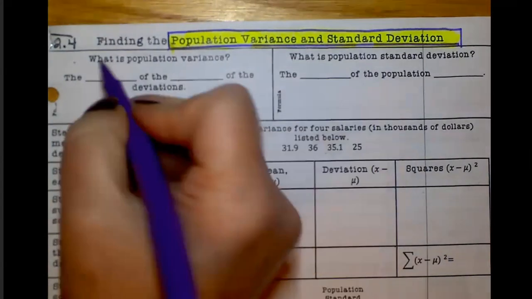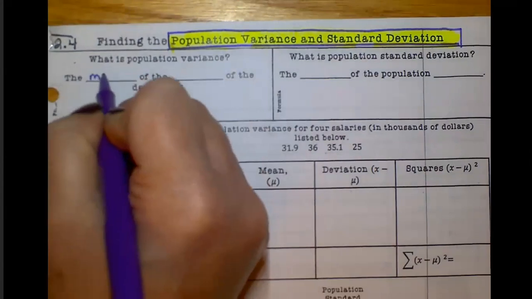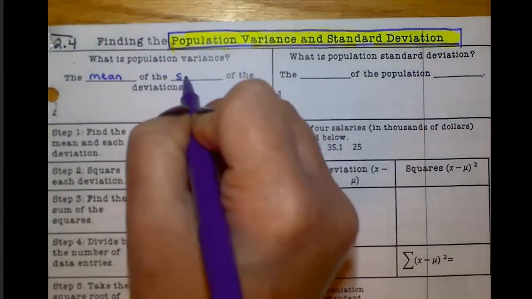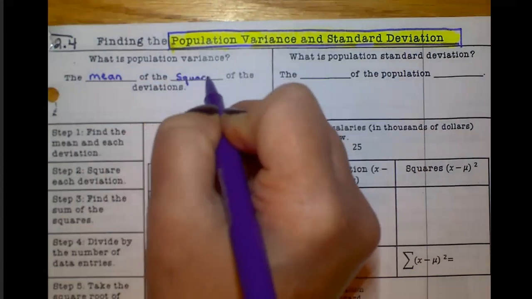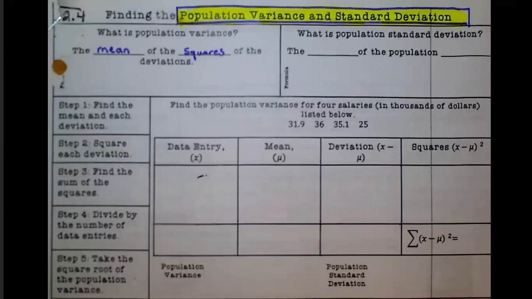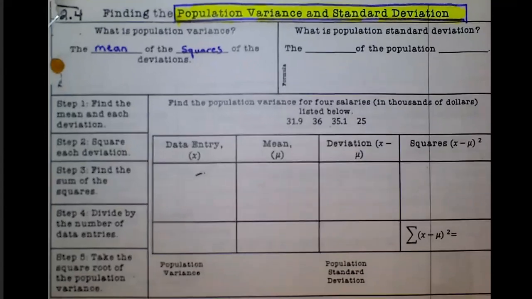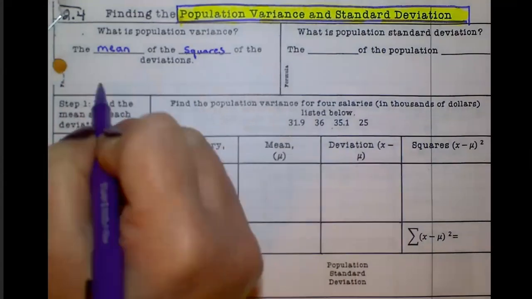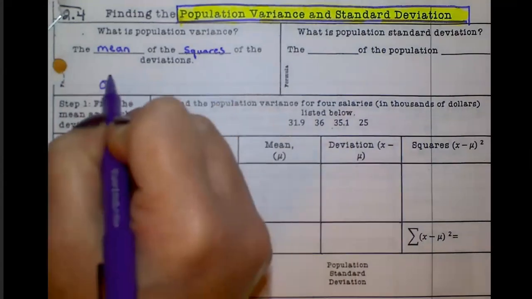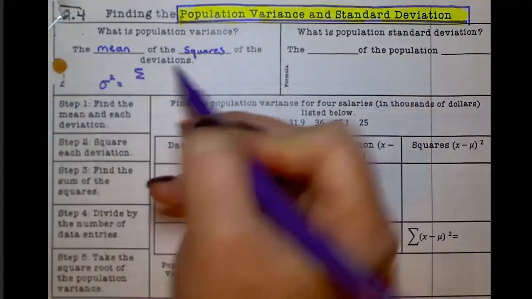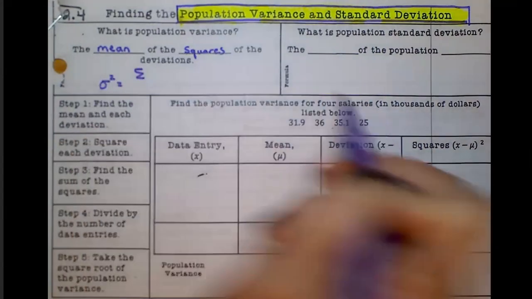Okay, a population variance is going to be the mean of the squares of the deviations. So for your population variance, you're going to add up, that's the sum.